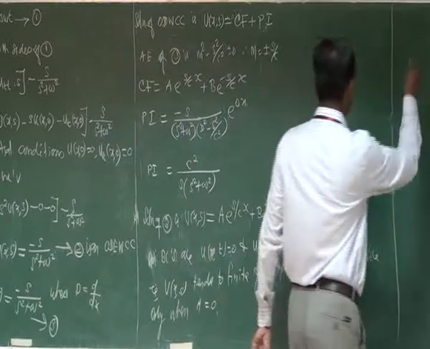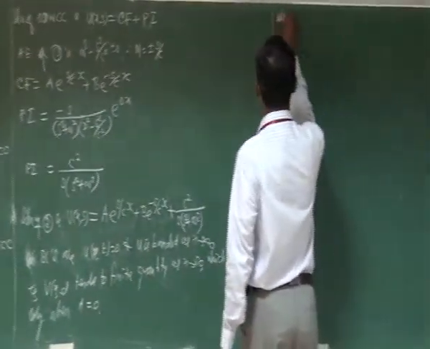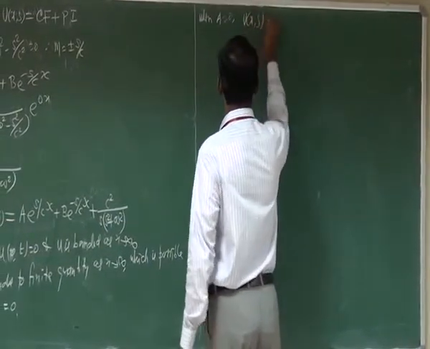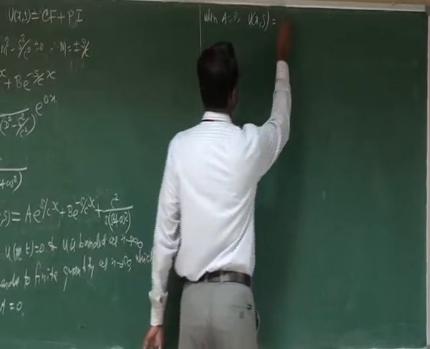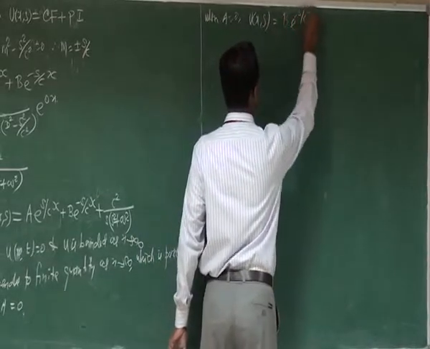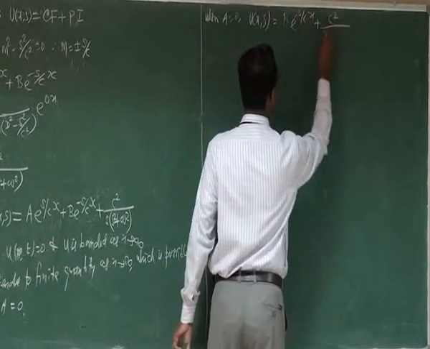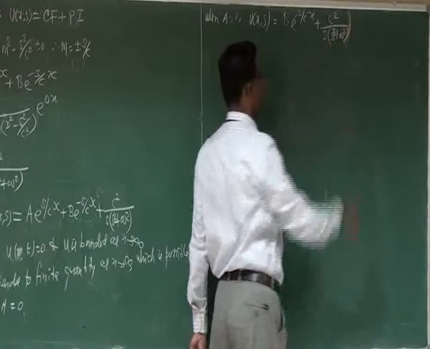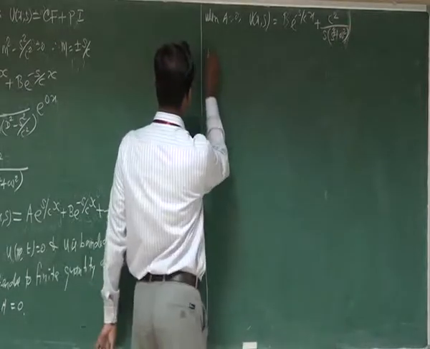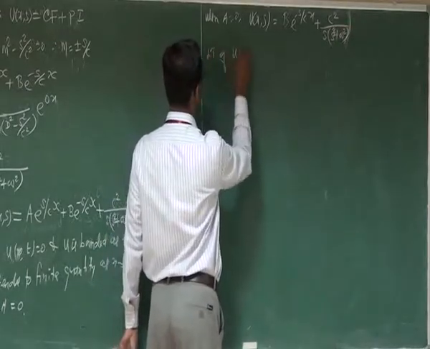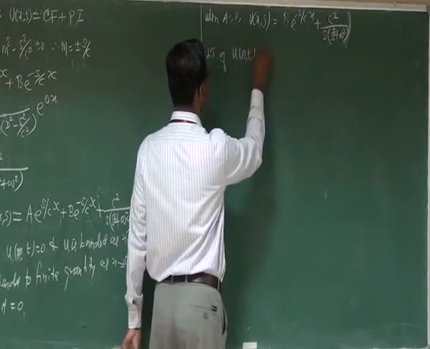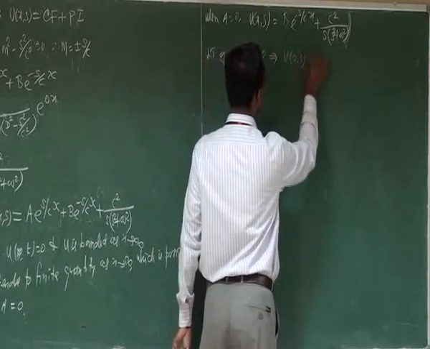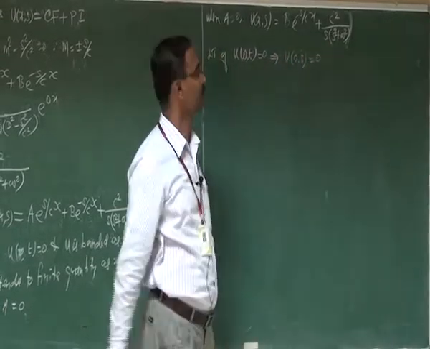Therefore, the above equation takes the form: when a equal to 0, u of s comma x becomes b into e power minus s by c into x plus c square by s into s square plus omega square. Now, the Laplace transform of u of 0 comma t equal to 0 becomes u of 0 comma s equal to 0.